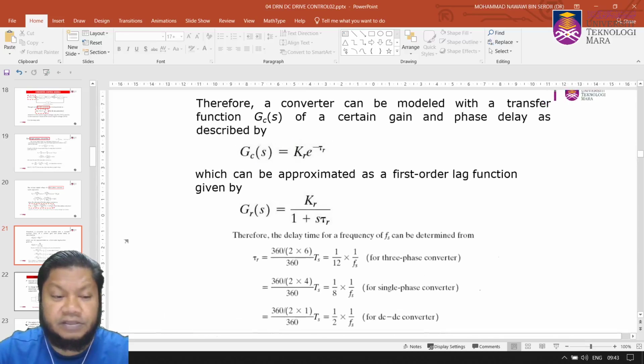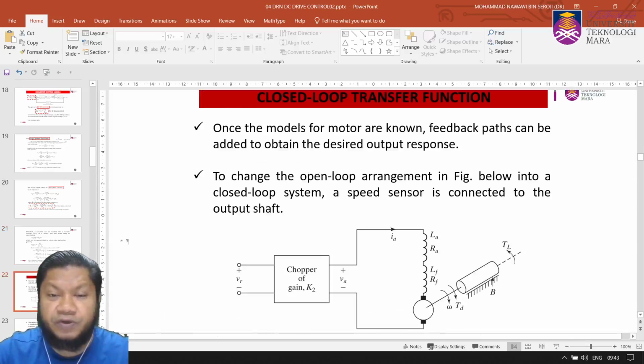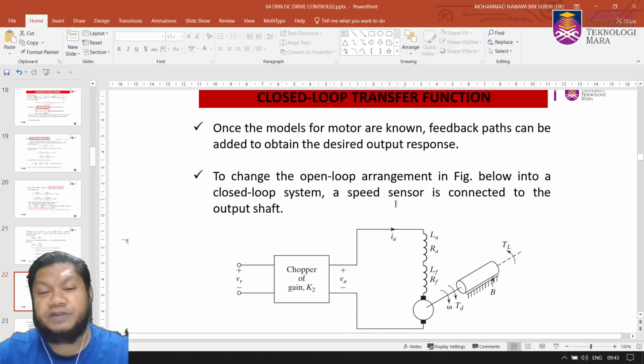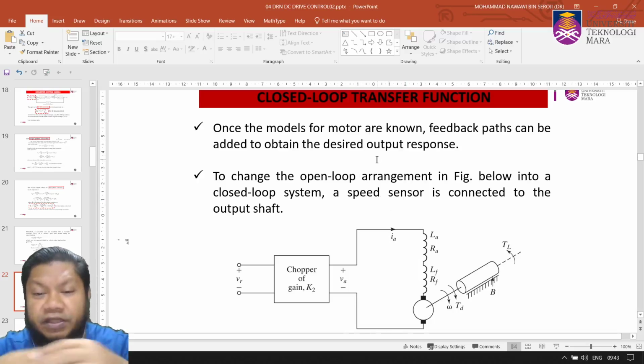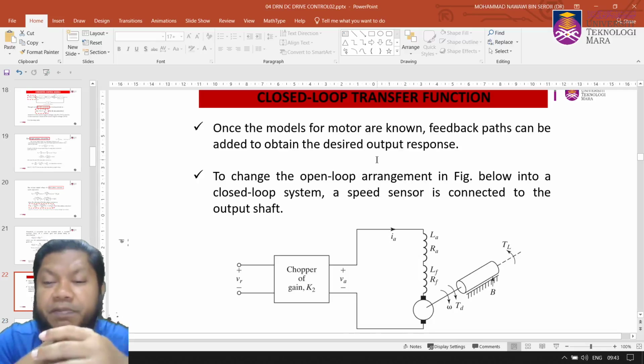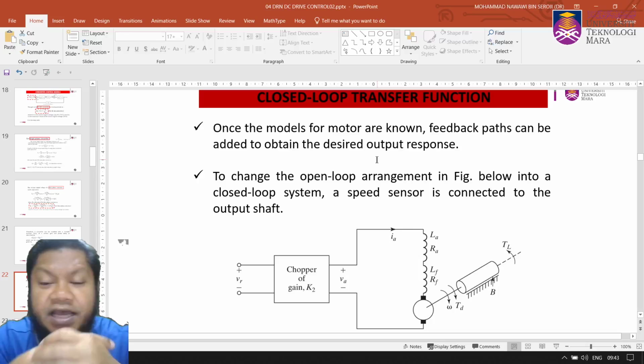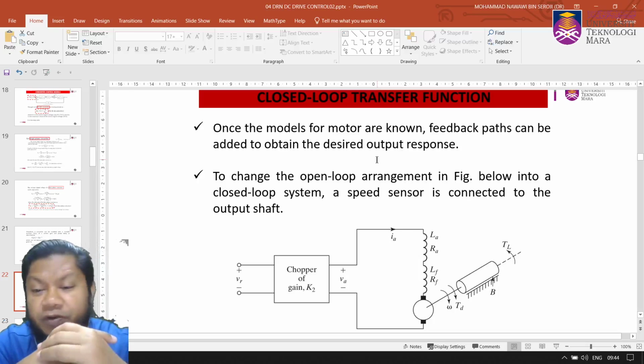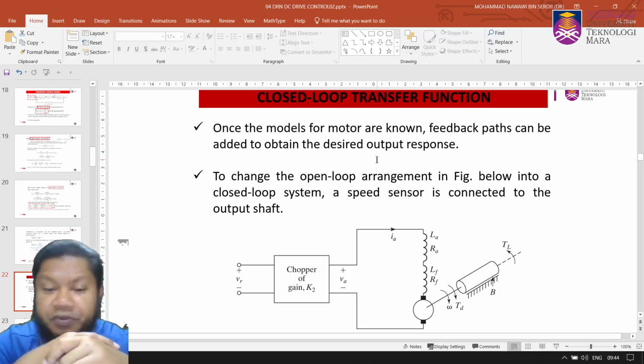Okay, so that's for the converter models. Now we're going to look at the closed loop transfer function once the models for the motor are known. We know that the motor feedback path can be added to obtain the desired output response. To change the open loop arrangement in the figure below into closed loop, the speed sensor is connected to the output shaft.